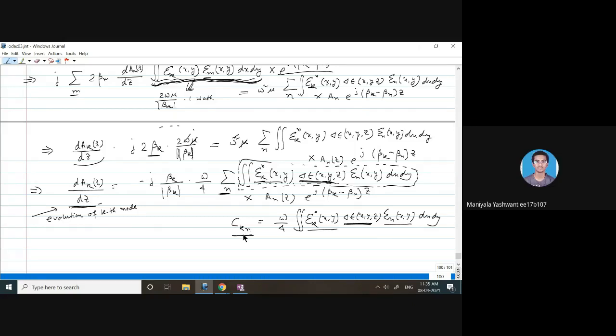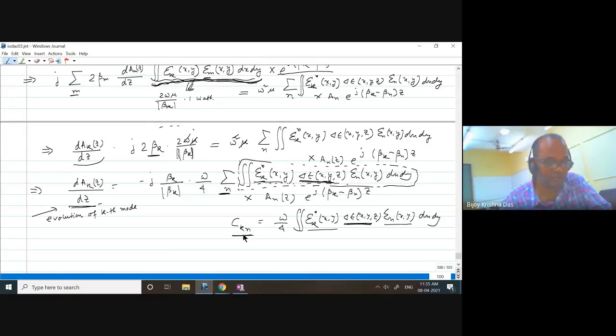Ideally this ckn should be 0 because delta epsilon should be 0. If it is ideal, then it is 0, and the entire right-hand side is 0. That means your dak by dz equals a constant. In principle that is correct, but you have the delta epsilon perturbation.